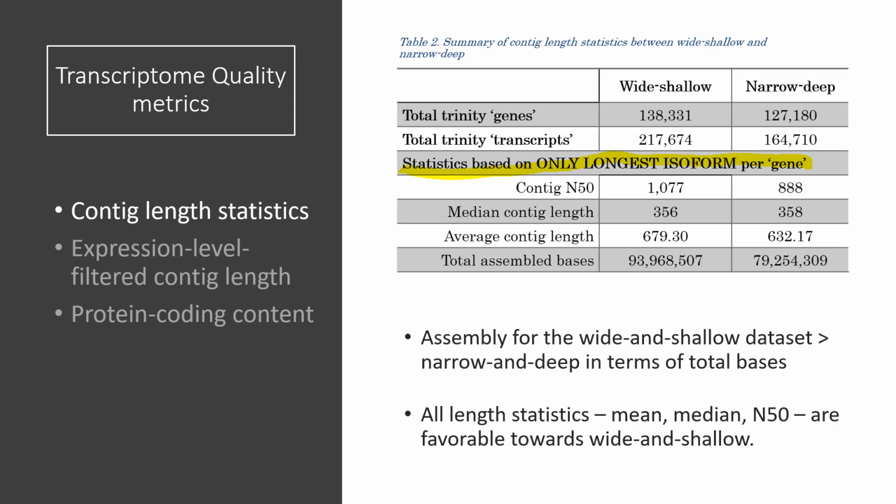The contig N50 tells us that at least 50% of all the assembled bases are found in contigs that are 1077 bases long for wide and shallow, while for narrow and deep, a shorter N50 is observed with only 888 bases long. So overall, all length statistics are favorable towards wide and shallow.